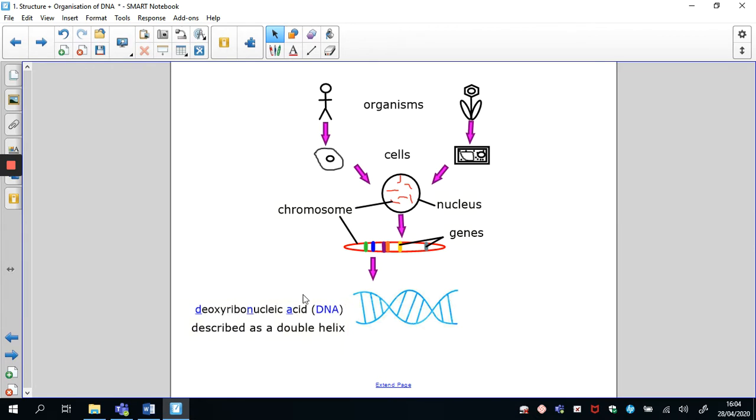Now you can see here that it gets its name, DNA. That's just a short version of saying deoxyribonucleic acid. But you are fine to always call it DNA. However, some questions in the exam might call it deoxyribonucleic acid. And it is described as a double helix. And we'll come to that in due course.